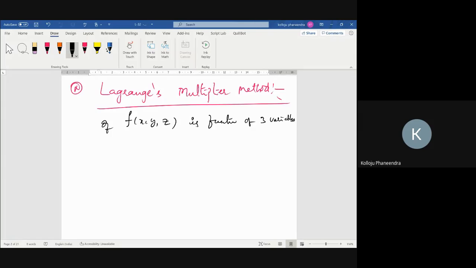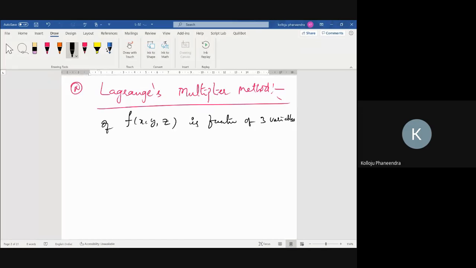Whenever a function has more than two variables, there must be a condition given which relates the variables.